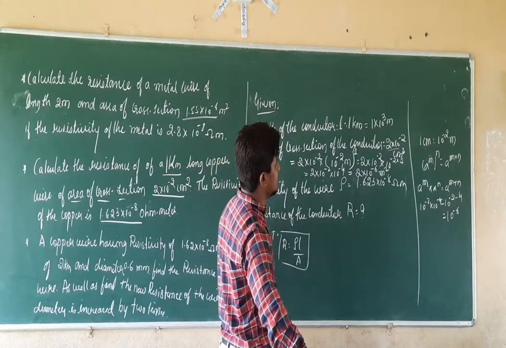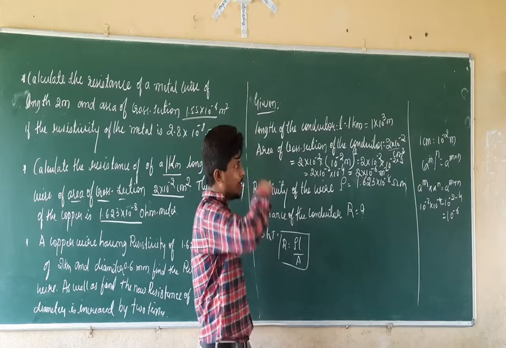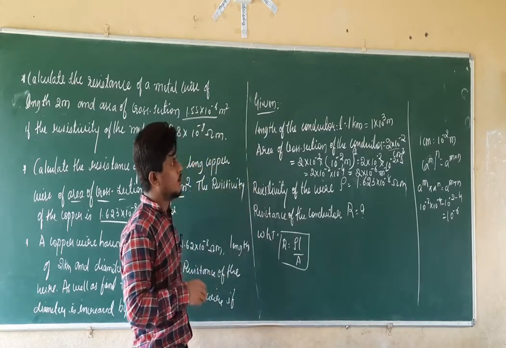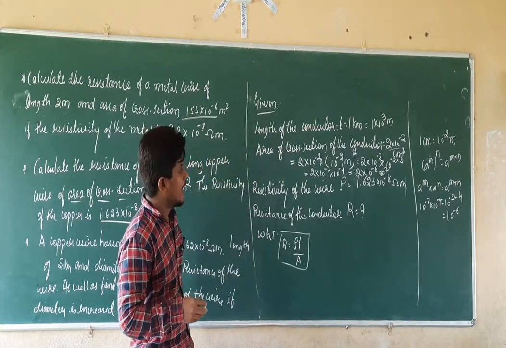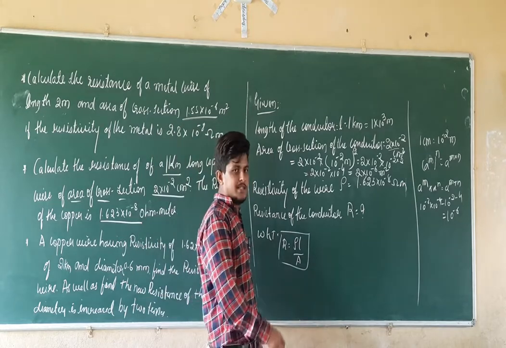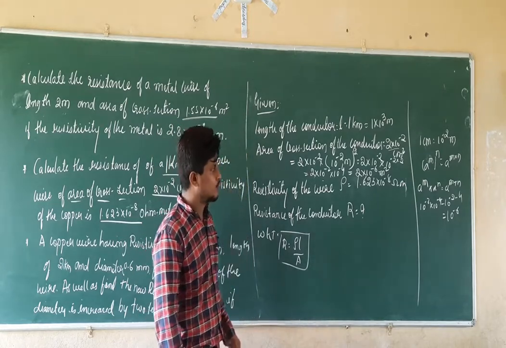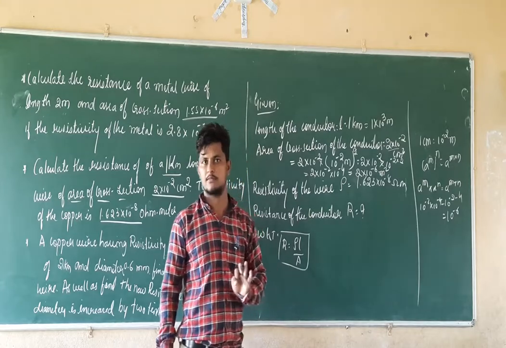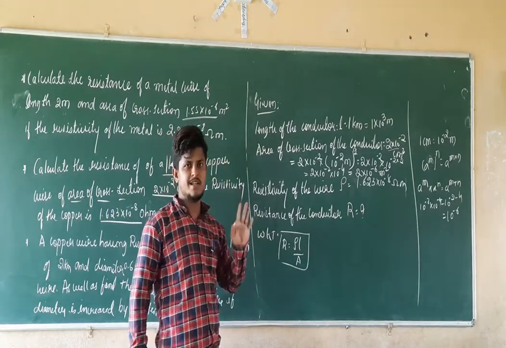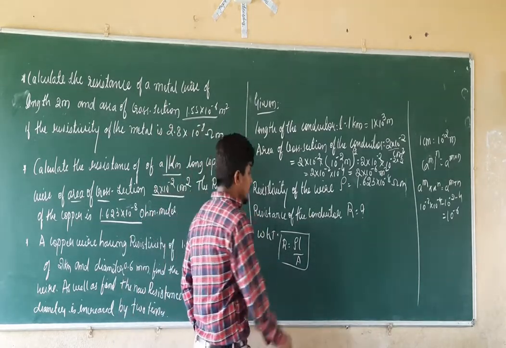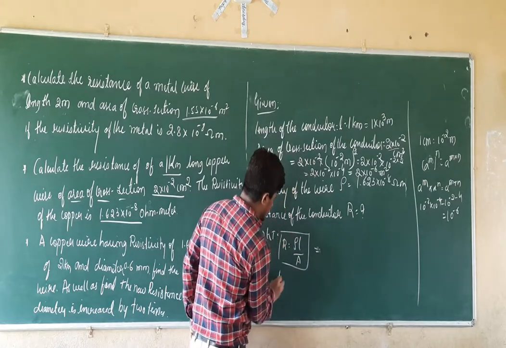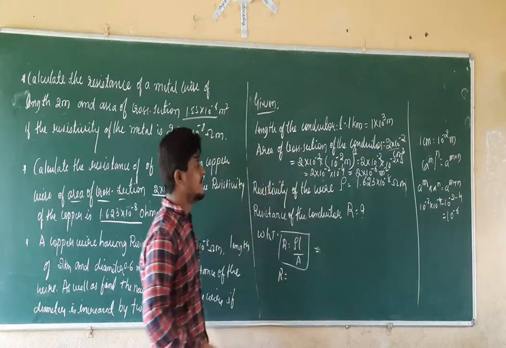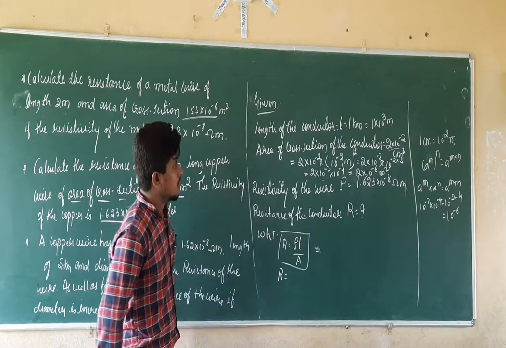So the area of cross section value is 2 into 10 raised to minus 6 meter square, whereas the length of the conductor is equal to 1 into 10 raised to 3 meters. And the resistivity of the wire is given as 1.623 into 10 raised to minus 8 ohm meters. I hope this is clear how to take those values. So therefore R is equal to, substitute all the converted values.